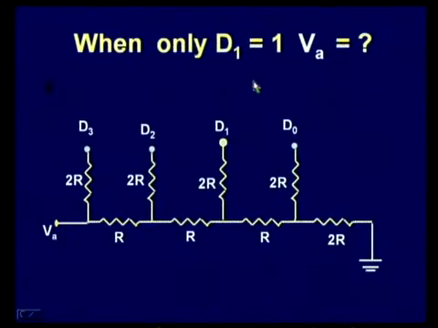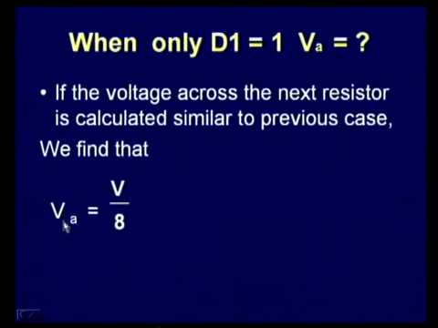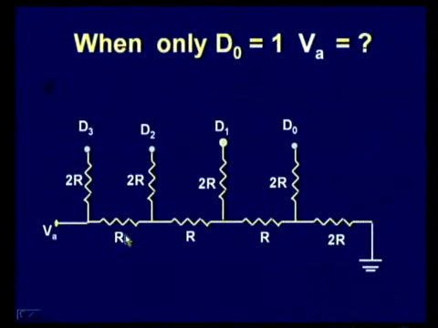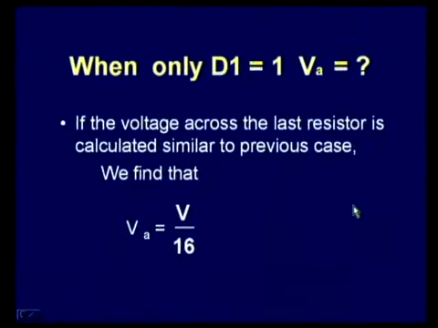Similarly, you can find the analog voltages when only D1 is 1 and the rest are zeros, and also when only D0 is 1 and the others are equal to 0. When you apply that concept, we find that the analog voltage when D1 alone is high will be equal to V by 8, and when only D0 is high and others are 0, the analog voltage will be equal to V by 16.